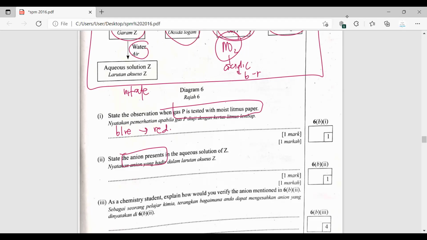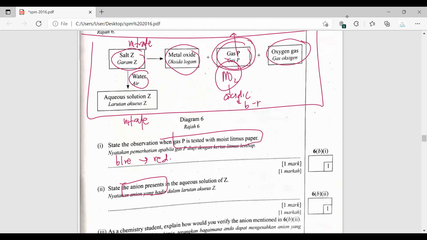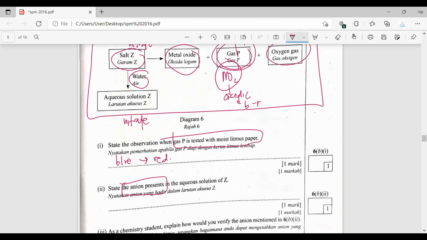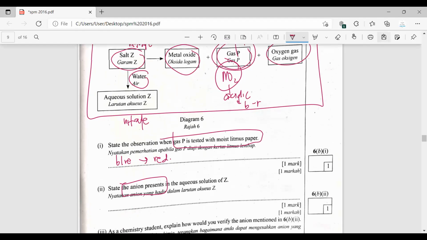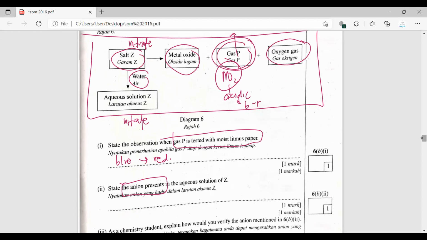It's just in front of your eyes. Hurin want to try? Farisha wants to try? Is it NO3 minus? It's nitrate.